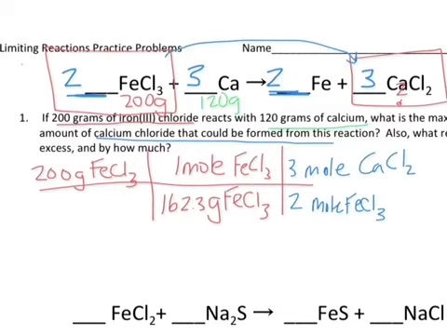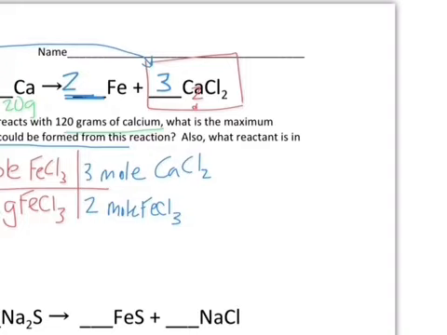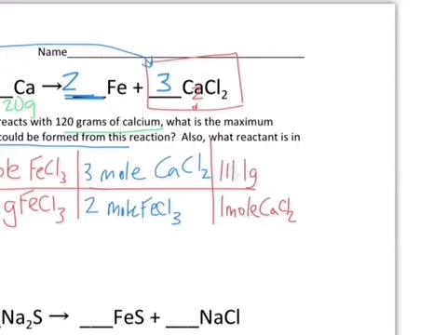My last step here, I don't want moles, I want grams. So 1 mole of CaCl2 weighs 111.1 grams. When I punch that into my calculator, multiply the top, divide by the bottom, I get 199.98 grams. That's CaCl2. That's how much product I can make.